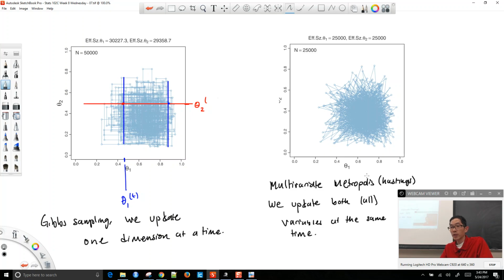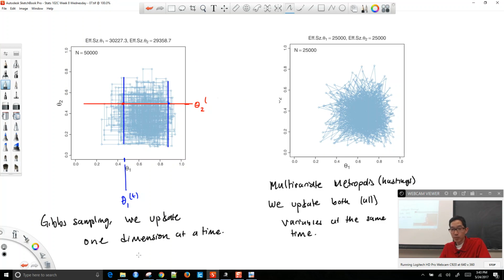With the multivariate Metropolis, you're going to move in both dimensions, and so now you get jumps around the place. And the values that come from here and the values that come from here, as long as you've run it long enough, will both be random samples drawn from the target distribution that you want.